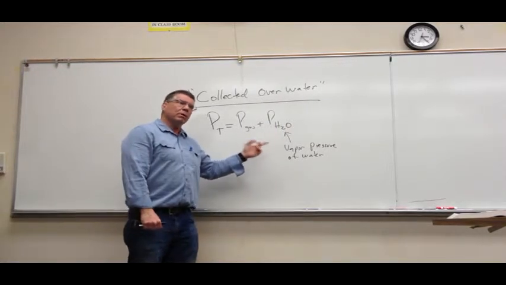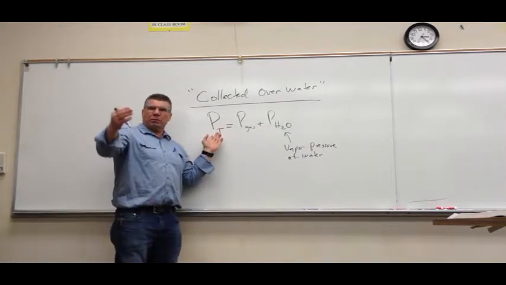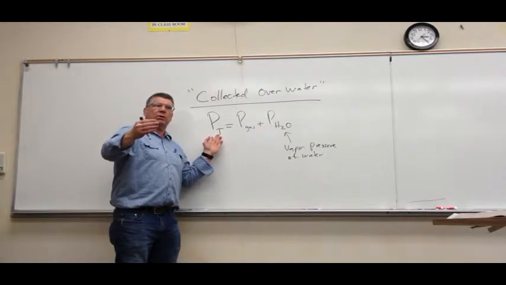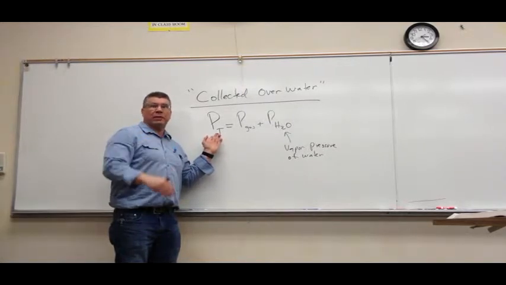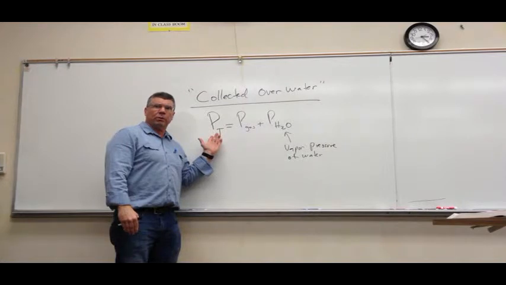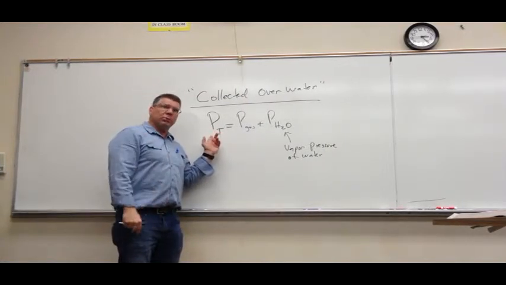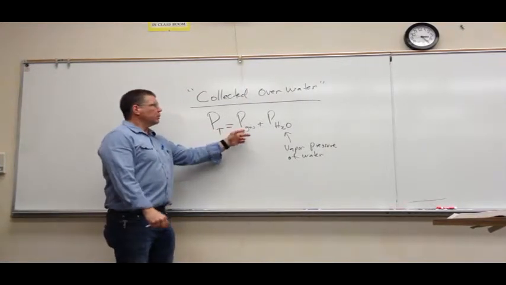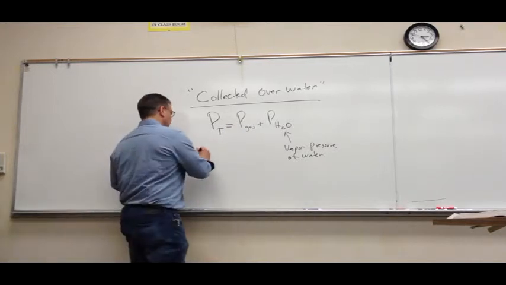So you look it up, and you measure the total pressure like we do in lab this week. Because the system is open to the atmosphere, it's just atmospheric pressure, barometric pressure. So I read the pressure from the barometer, put it on the board, that's the total pressure. This is what you're going to need. So you just rearrange it.